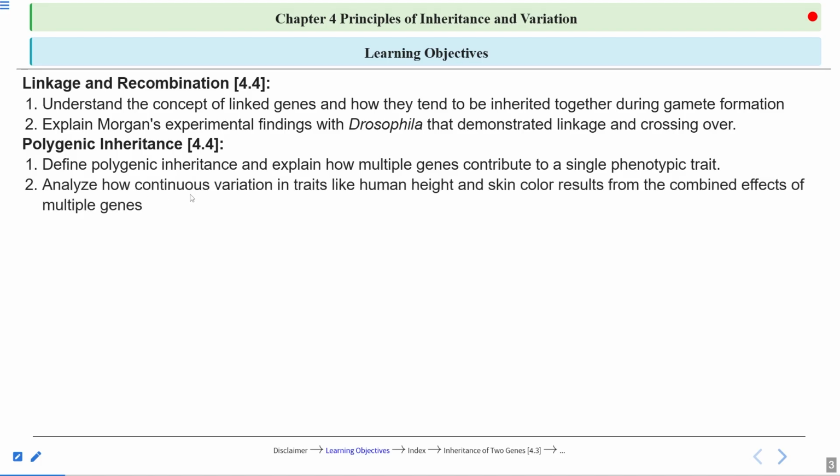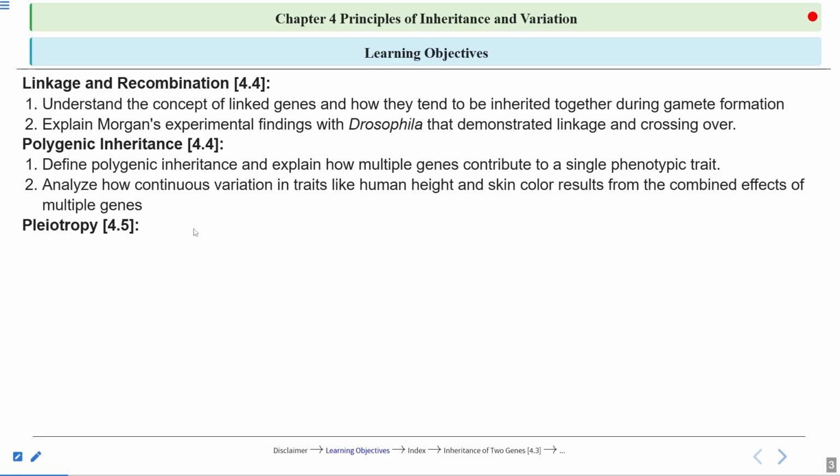We'll also analyze how traits like human height and skin color show continuous variation, meaning they show a range of phenotypes, and how this continuous variation arises due to the combined effects of multiple genes. So we'll study this as well.